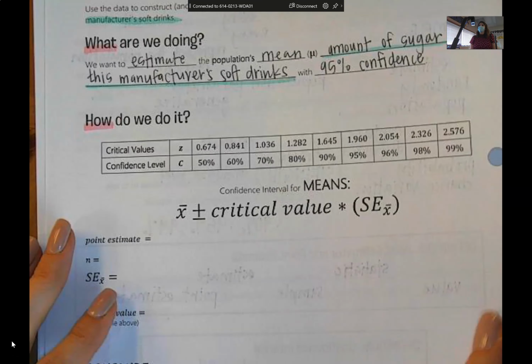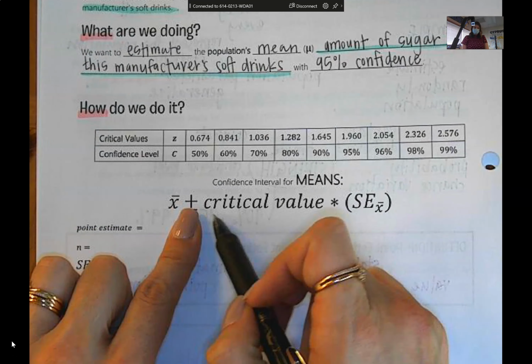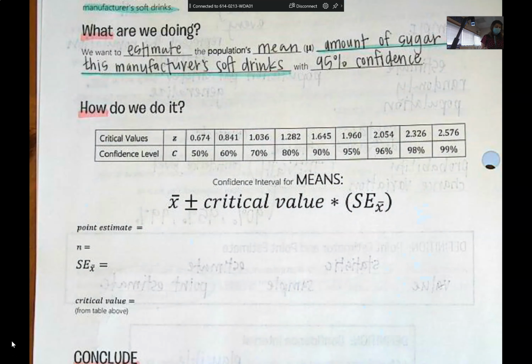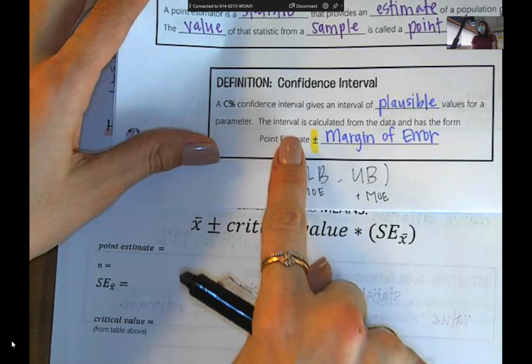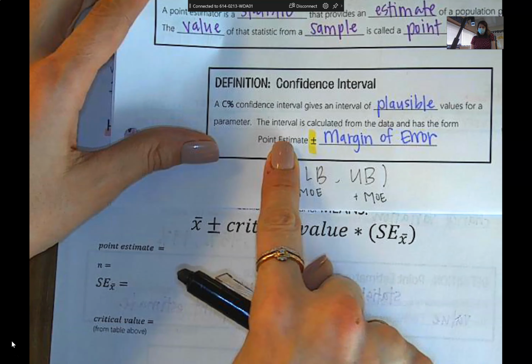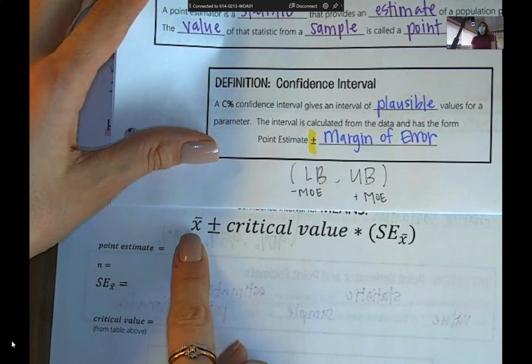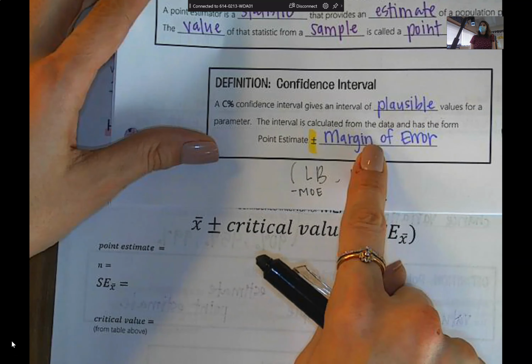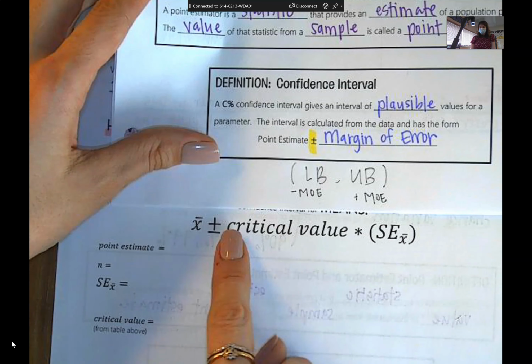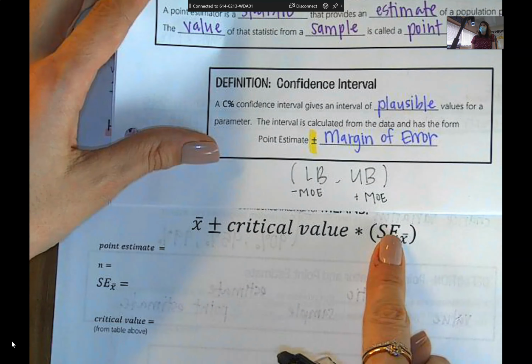Okay, how do we do it? Well, this is related to our first page. It's this guy. So it's our point estimate, and in this case, that's our sample average, plus our margin of error. And our margin of error is this multiply problem.